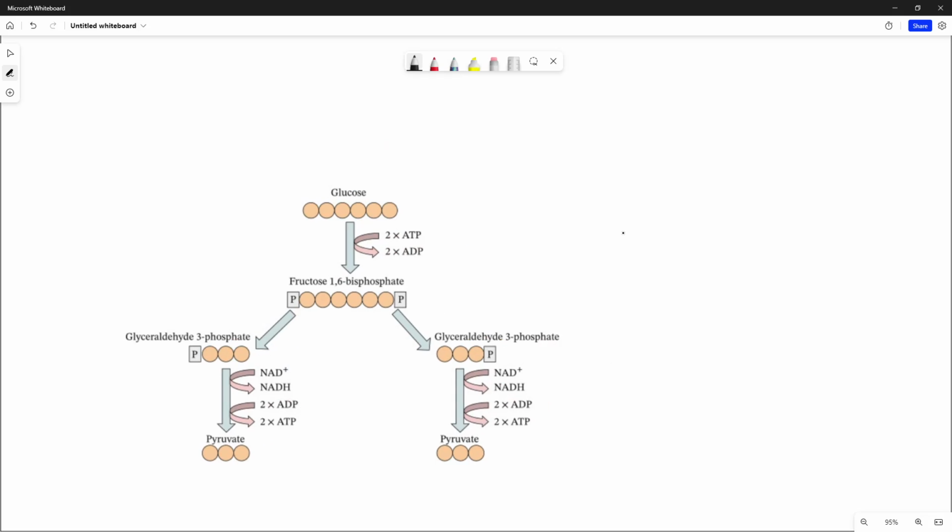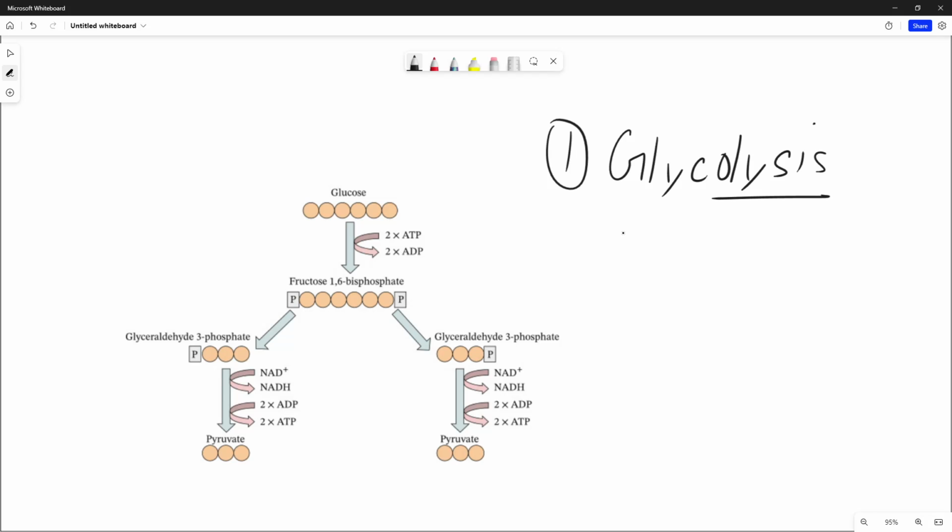So aerobic occurs in 4 steps, one of which is glycolysis. And lysis means breaking. So we're breaking down glucose into pyruvates, and this occurs in multiple steps, but basically glucose forms pyruvic acid, or pyruvate.